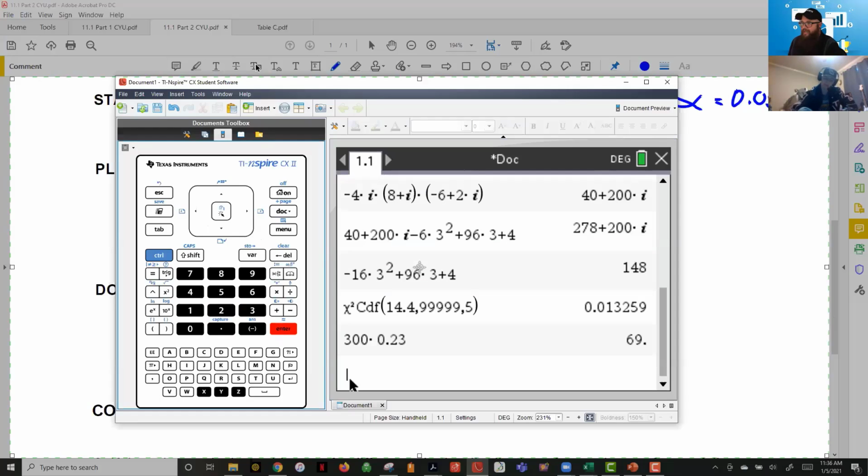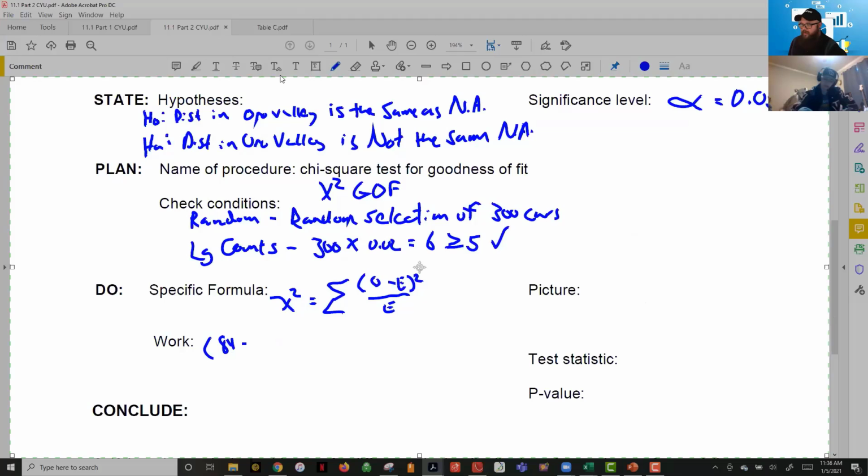So it gives us 69. So for this expected value, we should have minus 69 squared all over our expected value for that one of 69. Plus, and then you can do the dot, dot, dot.